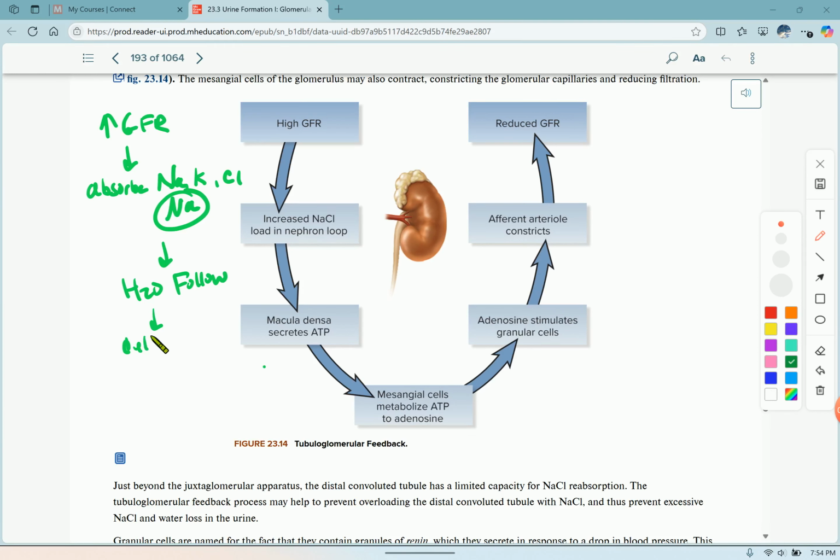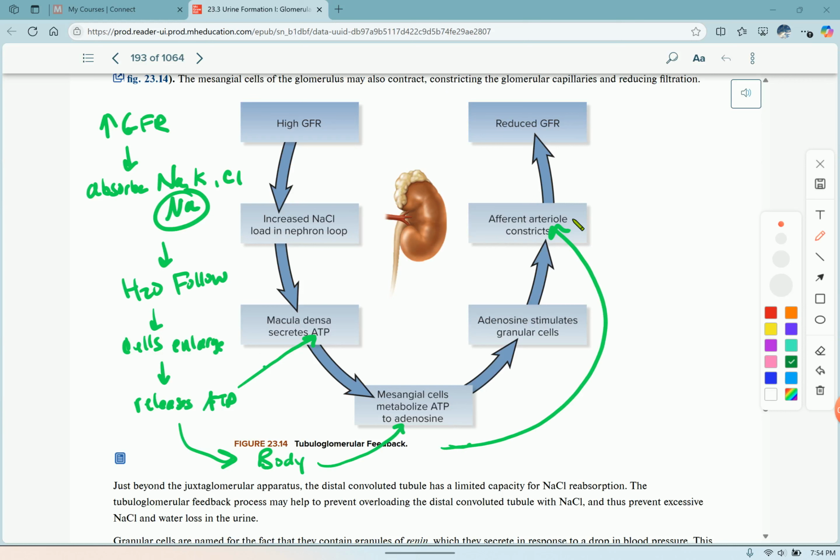When that happens, cells enlarge, and that releases ATP, adenosine triphosphate. All right, then your body is now going to take the adenosine, and it will communicate with the afferent arterioles.